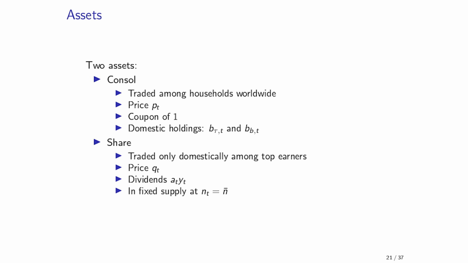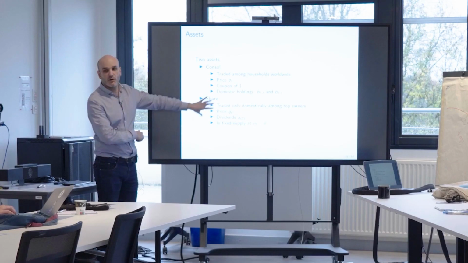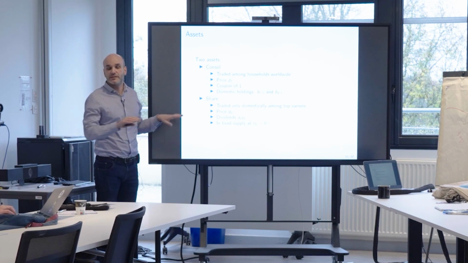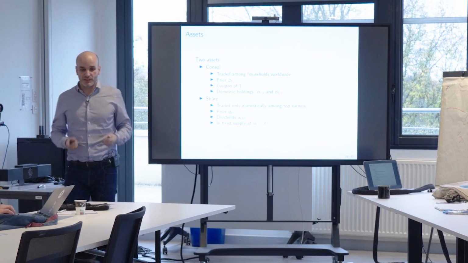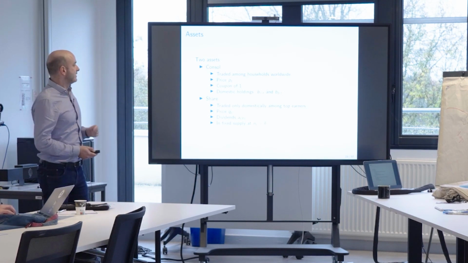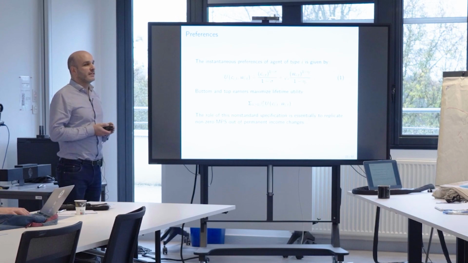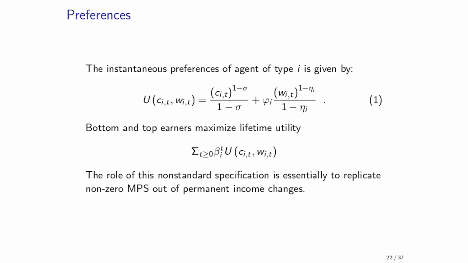Now, the only ingredient we need for the model to work, so here I've shown you all the accounting assumptions. Most of the actual restrictions are in the last 2 slides. And then we specify preferences for the agents. So we use this specification with preference for wealth, where each agent values consumption with a CRRA function, and also values its wealth.